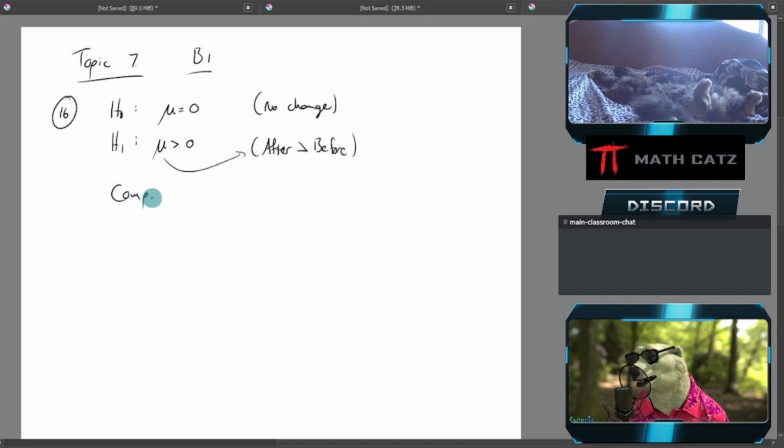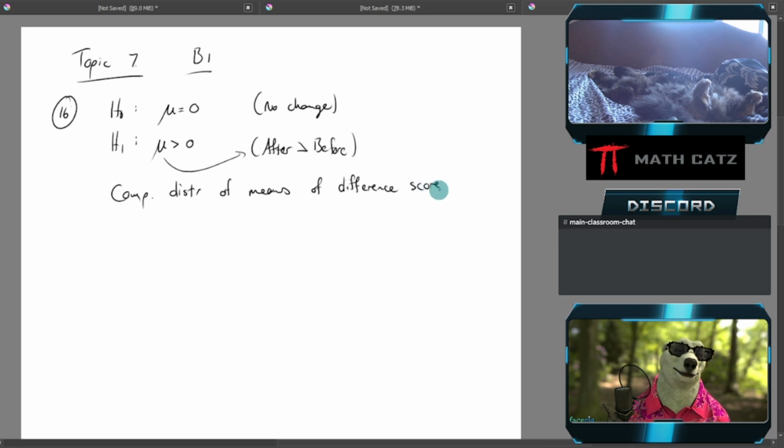Our comparison distribution is the distribution of means of difference scores. By calculating the differences, again, we are putting ourselves back into the single sample case.